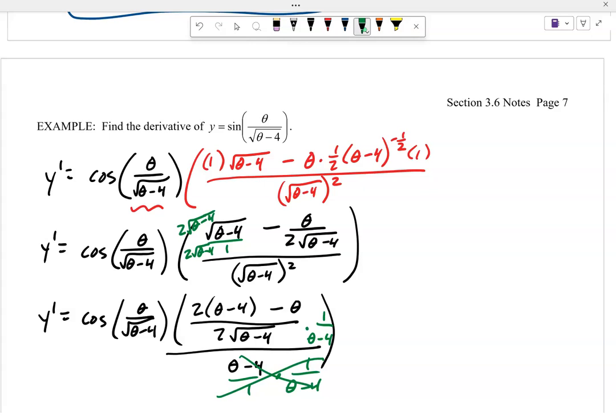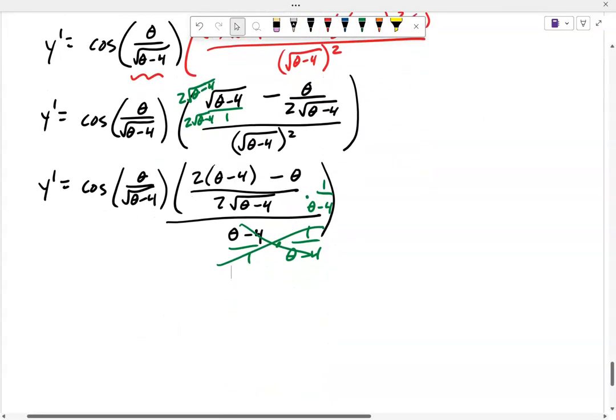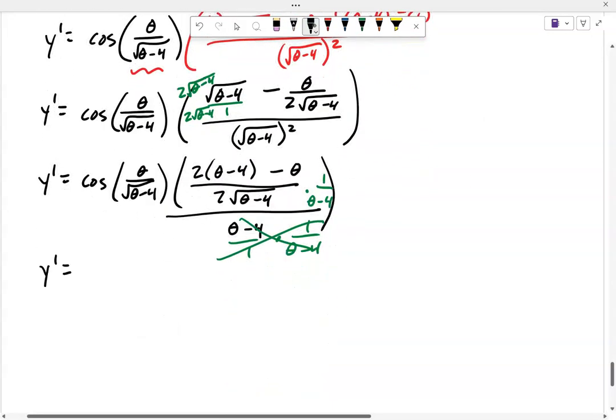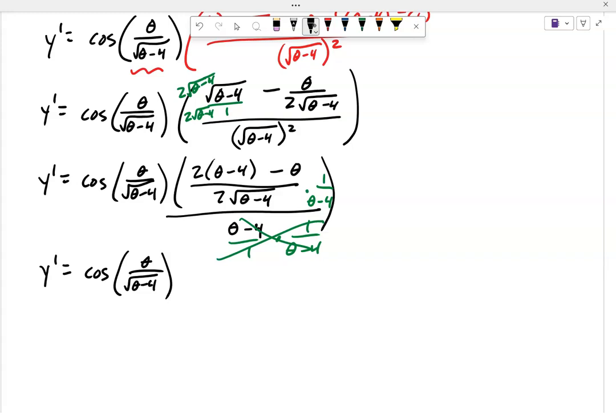Okay, so I'll have y prime equals cosine theta over square root of theta minus 4. And I've got 2 theta minus 8 minus another theta, so that's just theta minus 8 all over 2. I've got square root of theta minus 4.